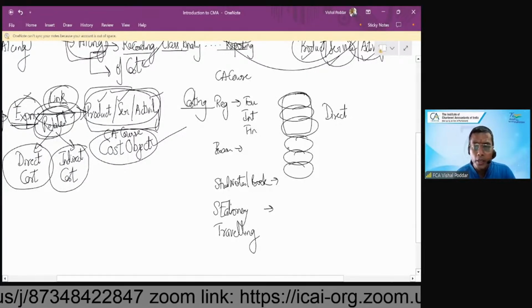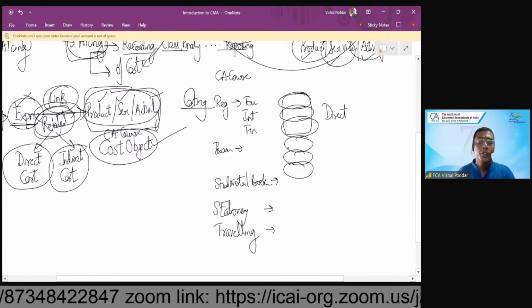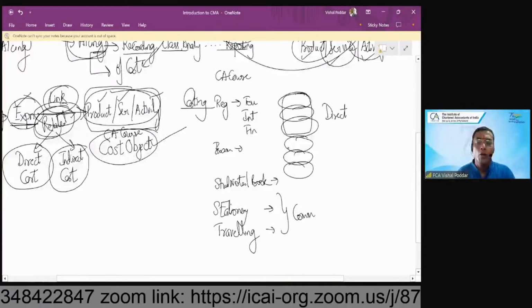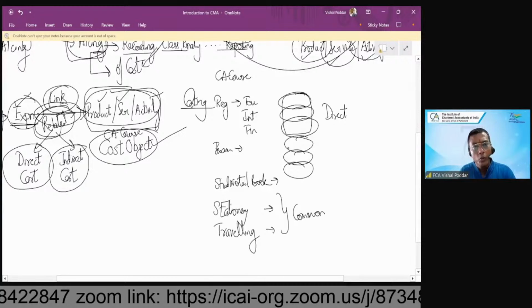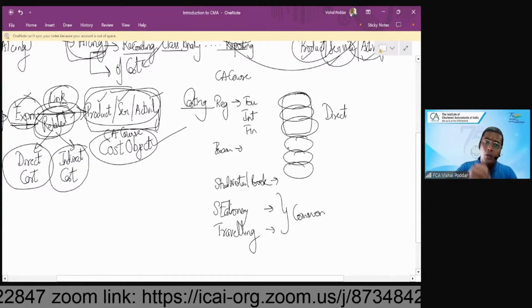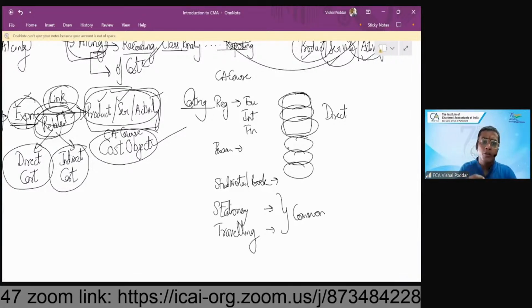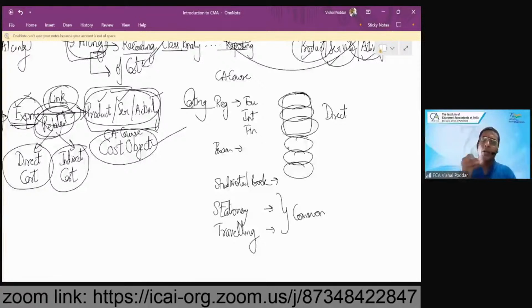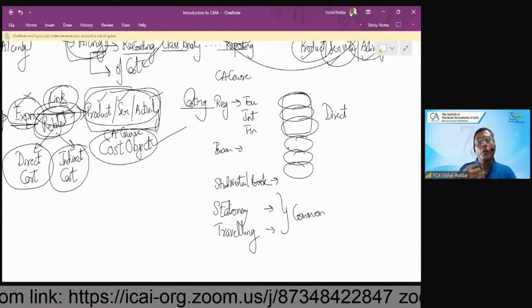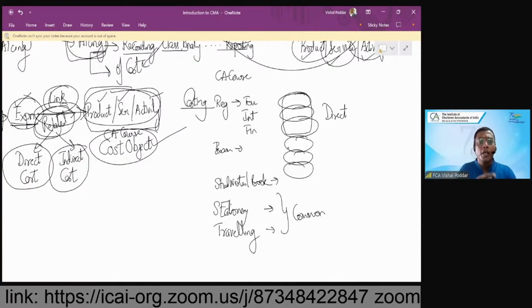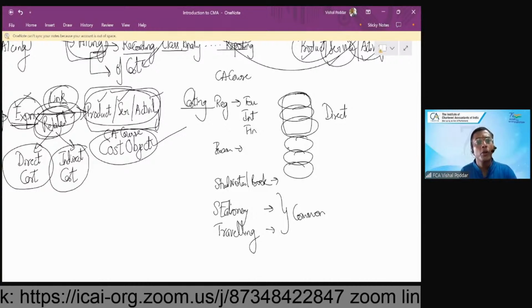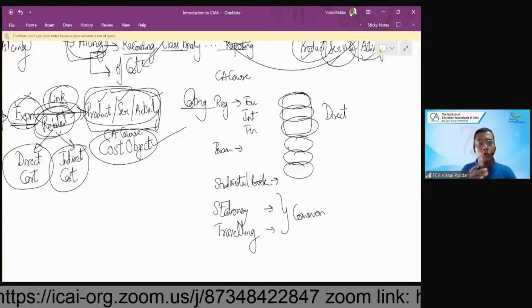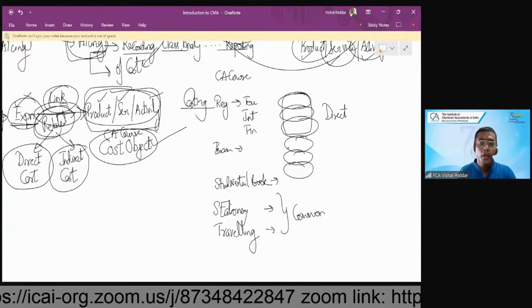Now, there are some of these expenses which are common. Common means you are using it for the CA course also. You are also doing this for your college because at the same time you are attending college. So over there also you require stationery. When you are traveling, maybe with the same bike, you are also going to the college, or also going to the CA office for your articleship. You're also going to the library for studying.